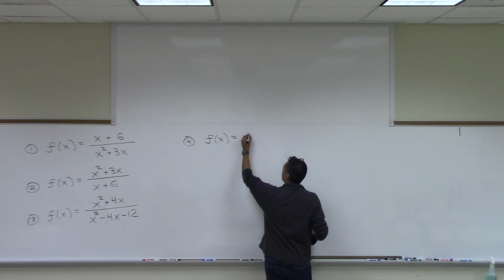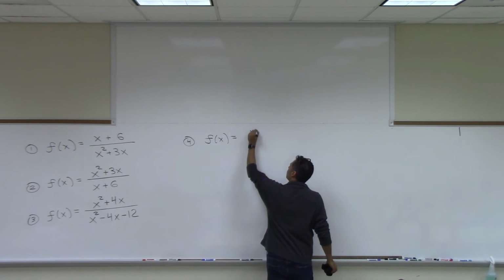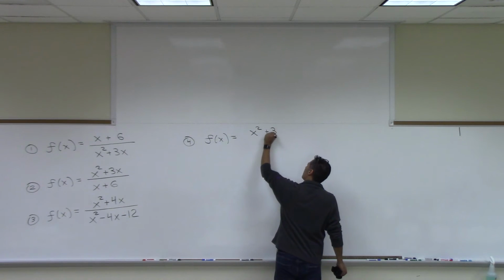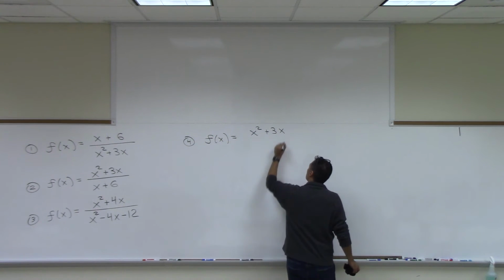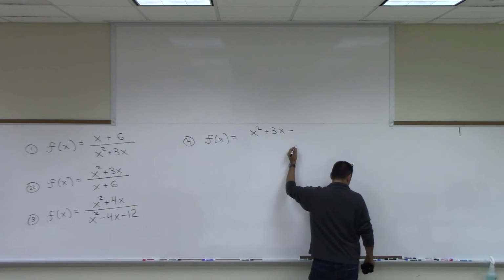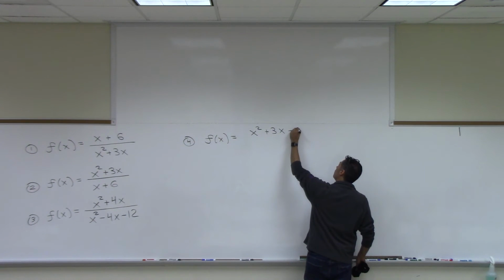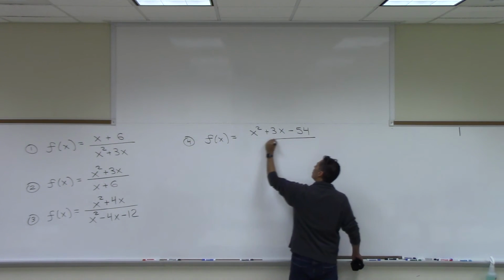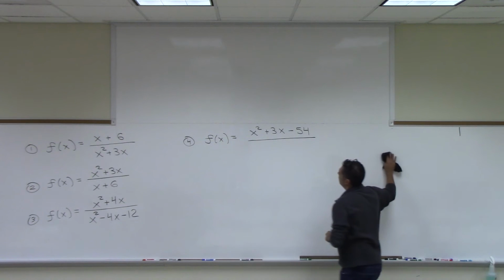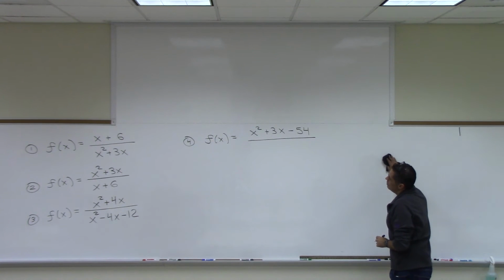So f of x is x squared plus 3x minus 54. Make sure I got that right. Positive 9, negative 6.